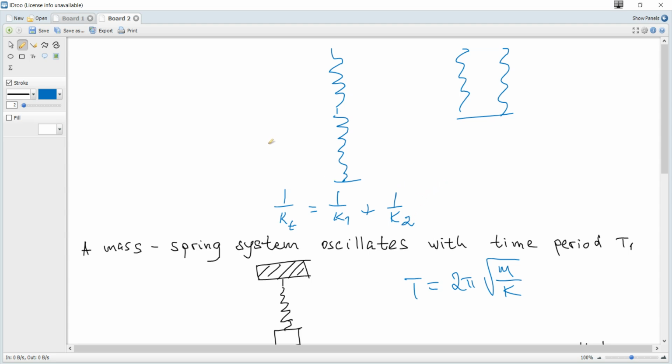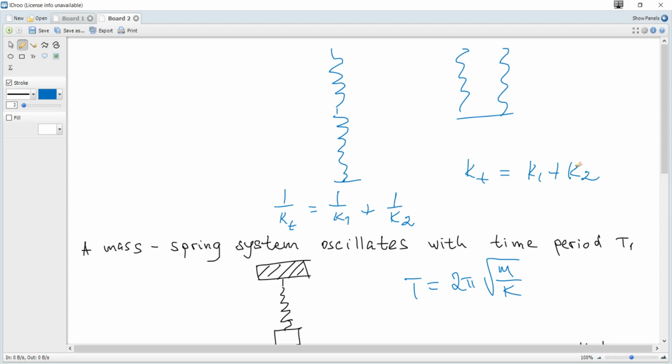And when two springs are identical, it becomes just the spring constant for one divided by the number of springs. And when two springs are in parallel, the resultant spring constant is just the sum.